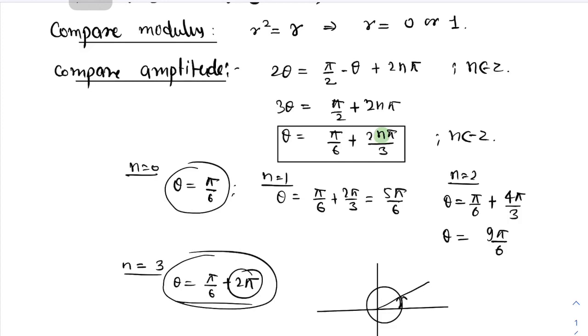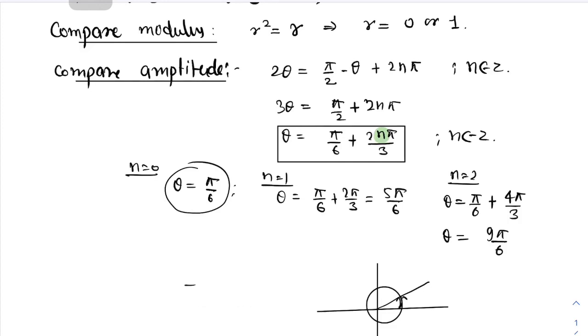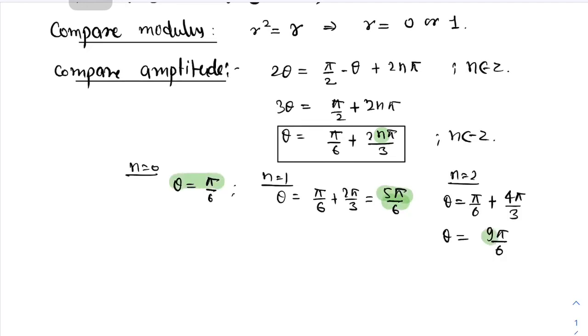So by considering different values of n, we will get only 3 values of theta, and that is pi by 6, 5 pi by 6 and 9 pi by 6. Okay, so I can say if we have 2 n pi divided by 3, then we just have to put any 3 consecutive integers.